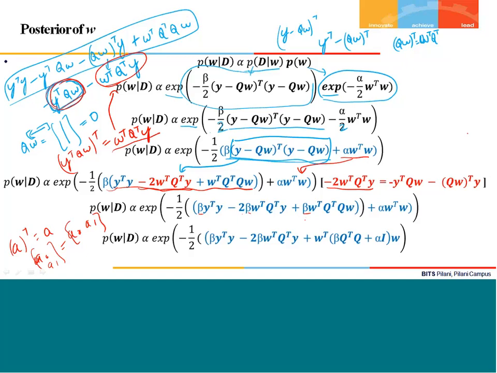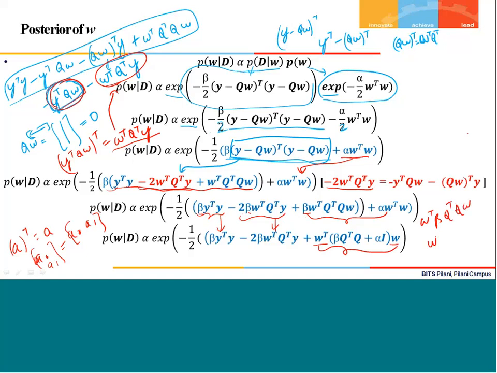Now what we have done, this is simple arithmetic. This term is the same, this term is again the same, and these two terms get converted into this term. So this w transpose is taken common from the left side, and this w is taken common from the right side. If you multiply these two things, what will you get? w transpose beta q transpose q, and from the right you will get w.